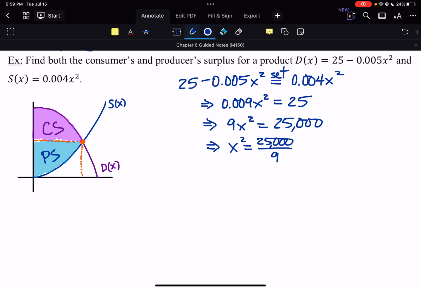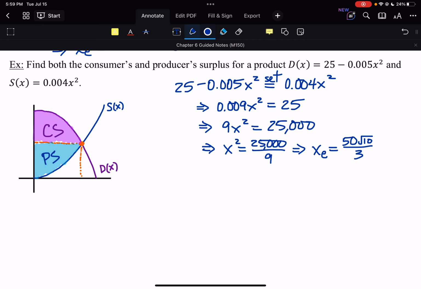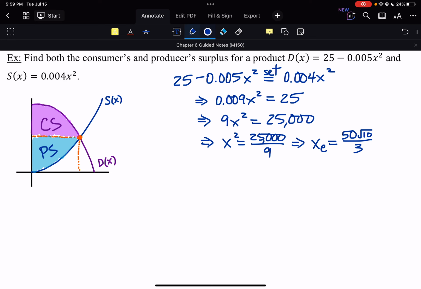That's going to give us that our equilibrium quantity is the square root of this number, which the furthest you can simplify that down to is 50 root 10 over 3. That would be the exact value, but just so that we can get a feel of where this number is, that's approximately 52.7.